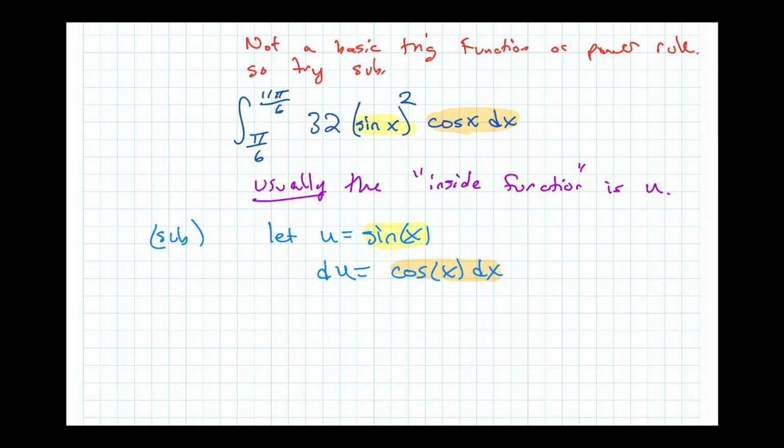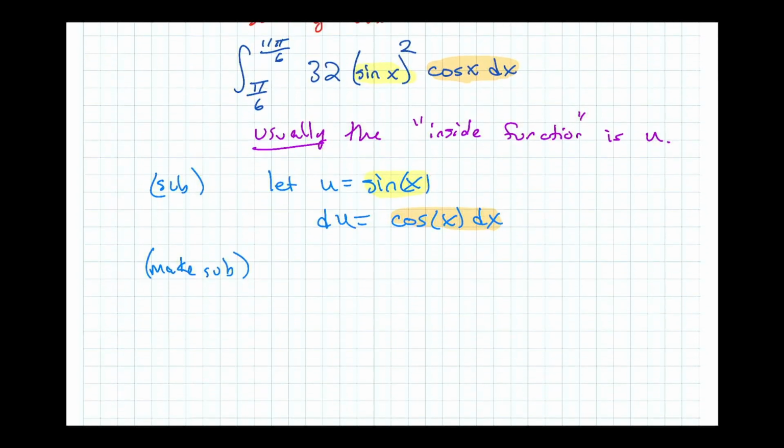So let's make the substitution. So our integral, I'm going to leave the limits off for the moment. 32 is 32. Sine x squared, sine x, but sine x is u. So that is u squared.